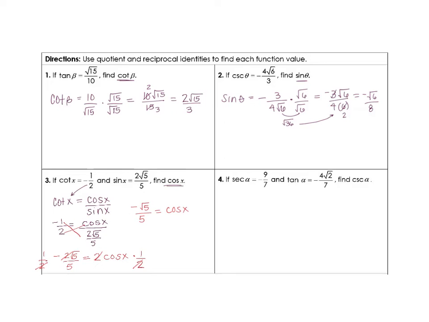All right, so now number 4. Again, we're told secant and we're told tangent, and we've got to find cosecant. Well, let's see, what all do we know? I know secant is the reciprocal of cosine, so I know cosine of alpha is negative 7/9.